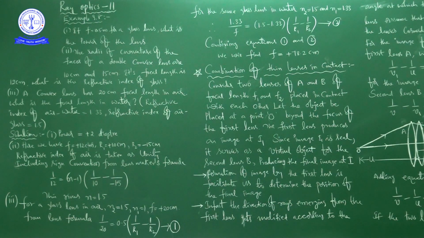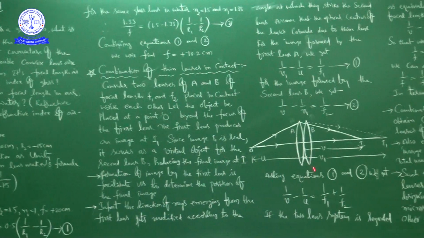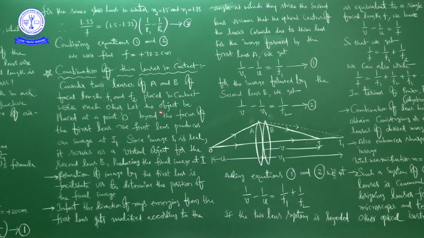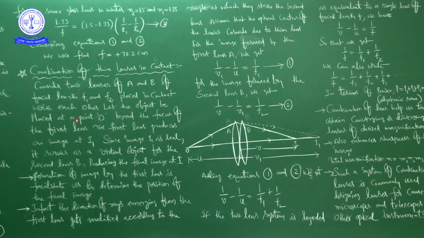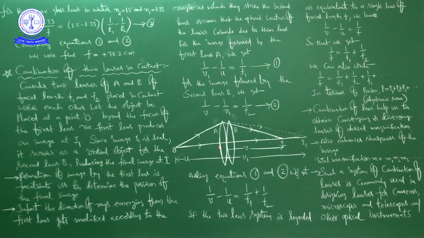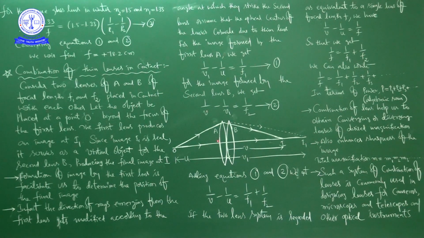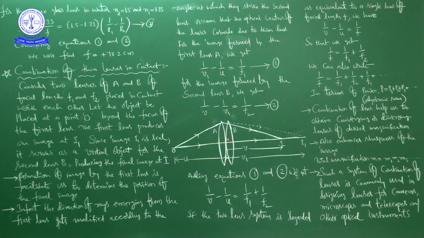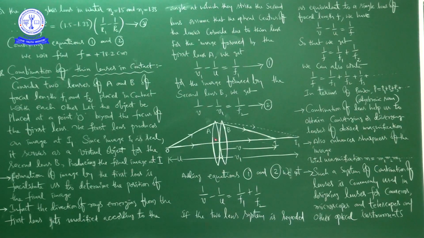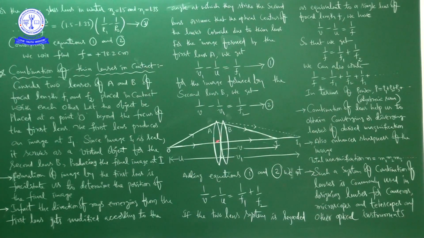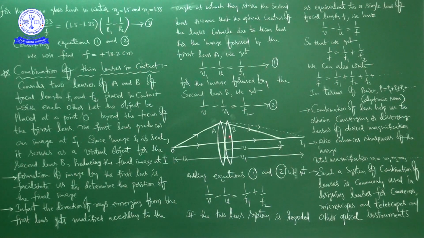See here, consider 2 lenses, A and B, of focal lengths f1 and f2. So it is A, it is B. The focal length of A is f1, the focal length of B is f2, placed in contact with each other.